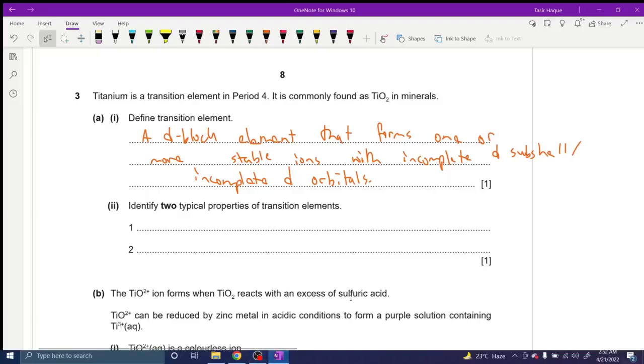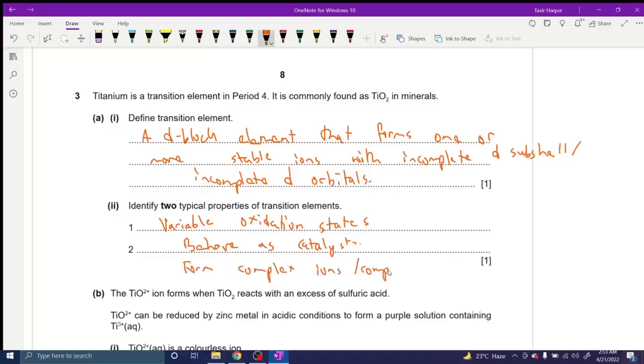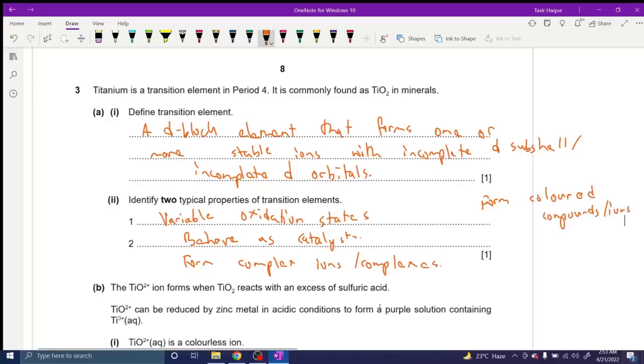So we need to identify two properties of transition elements. They have variable oxidation states. They behave as catalysts. They form complex ions or complexes, and last but not least, they form colored compounds or ions. Okay, so you can write any two.